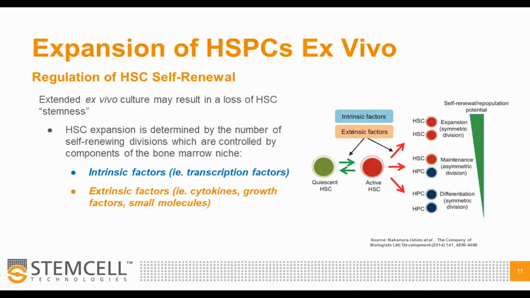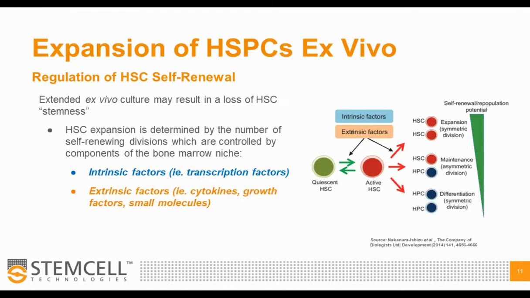And it's really because of the fact they've been removed from the niche. And there's a lot of factors in the niche that we're still finding, actually, which ones are critical. But most of them involve either intrinsic factors like transcription factors or extrinsic factors like growth factors and cytokines.